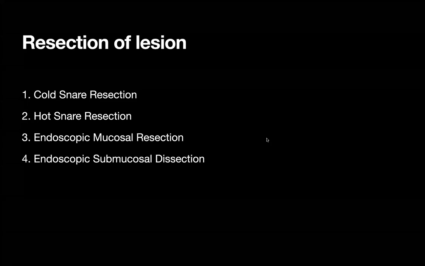So in my mind, it is really a resection that we shouldn't be doing. Hot snare resection shouldn't be done here because there is a small area between the polyp and the wall. And you would really want to use the EMR technique in order to put a cushion so that you don't cause thermal injury to the wall. Endoscopic submucosal dissection, of course, can be done.